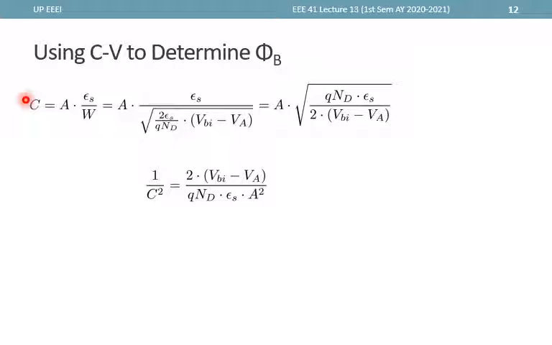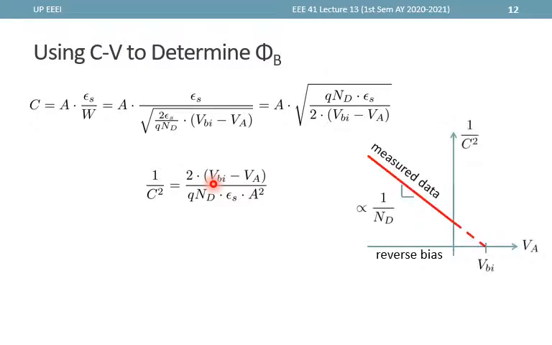Using the same approach as with the PN junction diodes, we can square this one and get the reciprocal, so we get 1 over C squared, and get this expression right here, which turns out to be linear with respect to voltage and will be 0 at VBI. Now we can actually measure capacitance from our Schottky diodes at some reverse bias and plot the 1 over C squared values with respect to voltage.